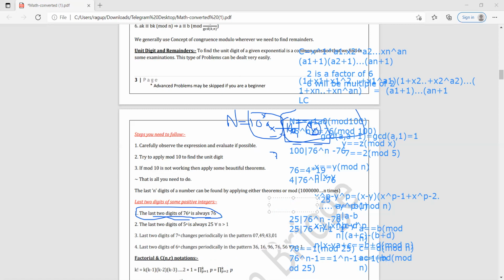Now the last two digits of 7 raised to n change periodically in the pattern 07, 49, 43, 01. So we need to prove this basically.